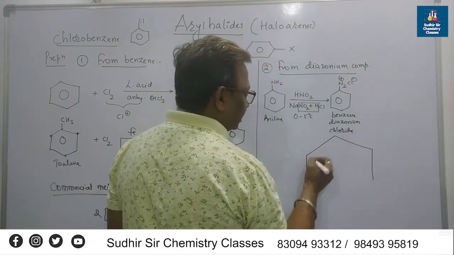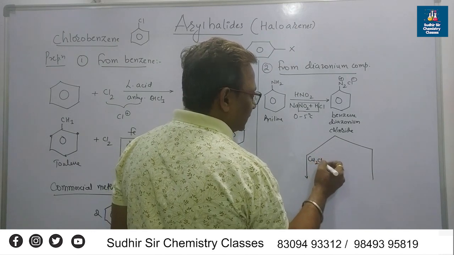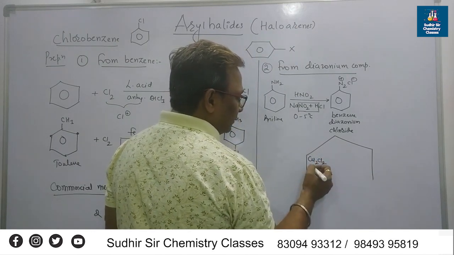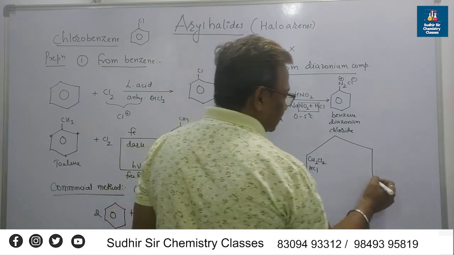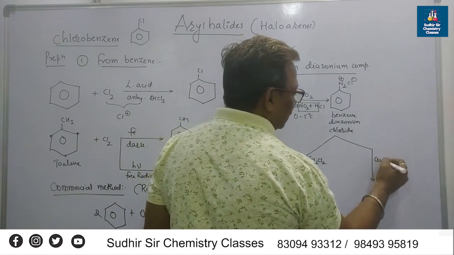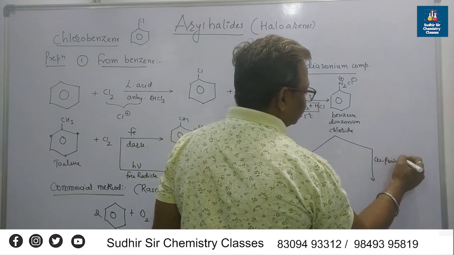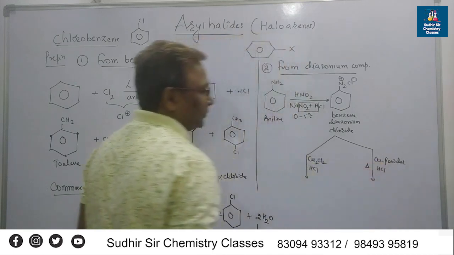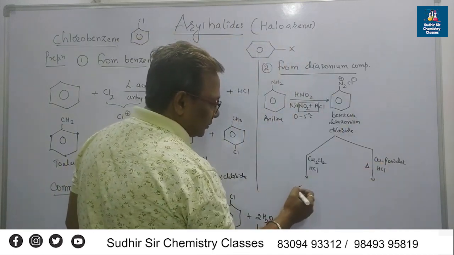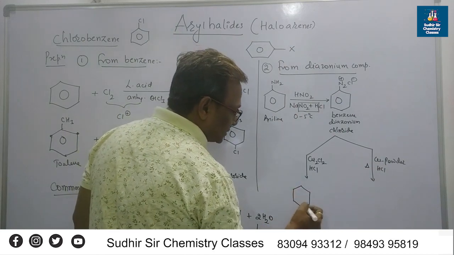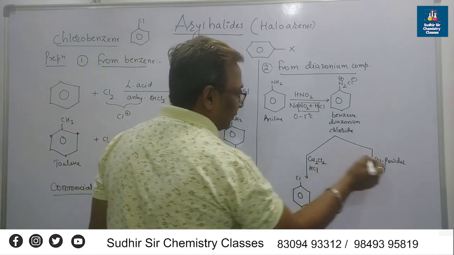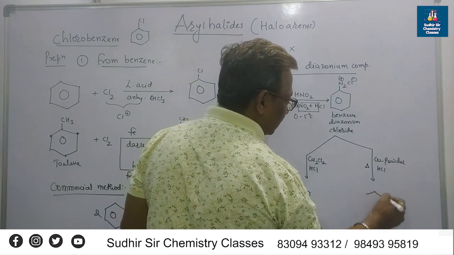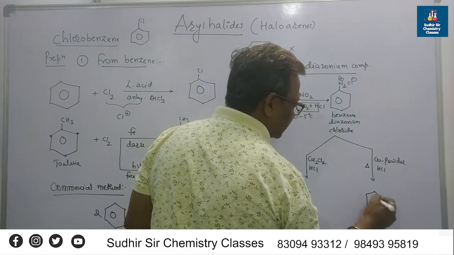Suppose you are treating it with Cu2Cl2, right beta, in presence of HCl, or suppose you are treating it with copper powder and HCl on heating, it will convert the diazonium salt into chlorobenzene.